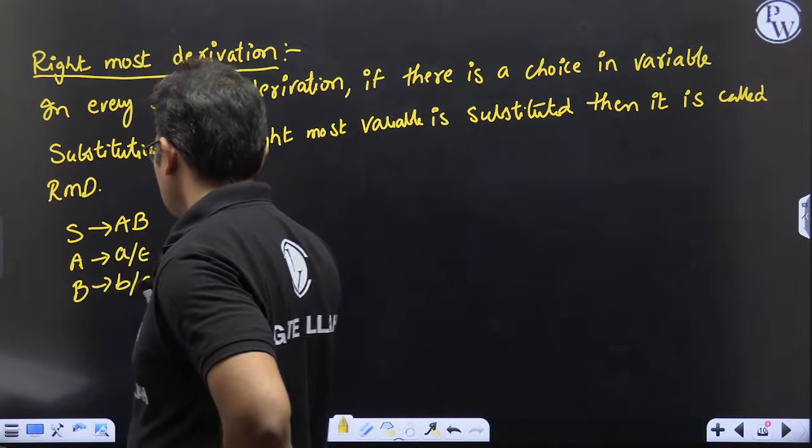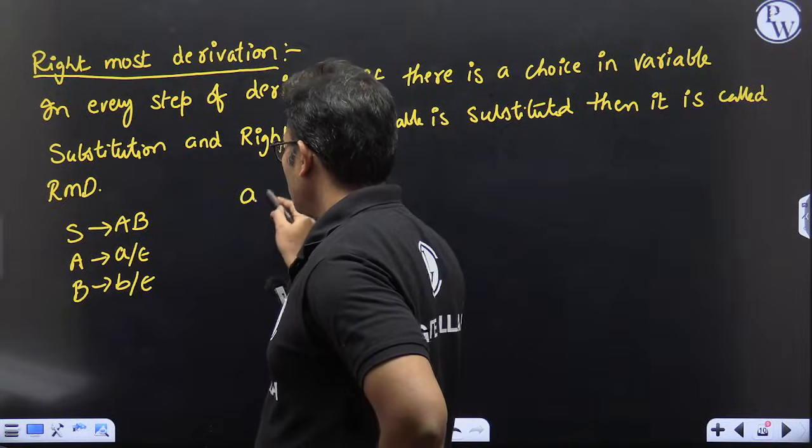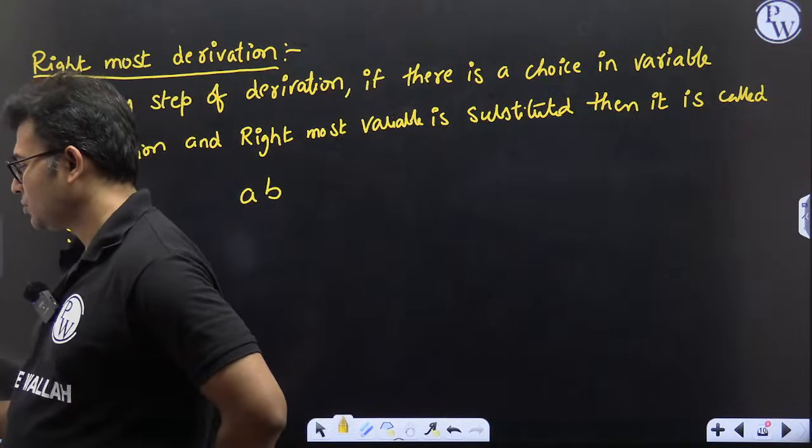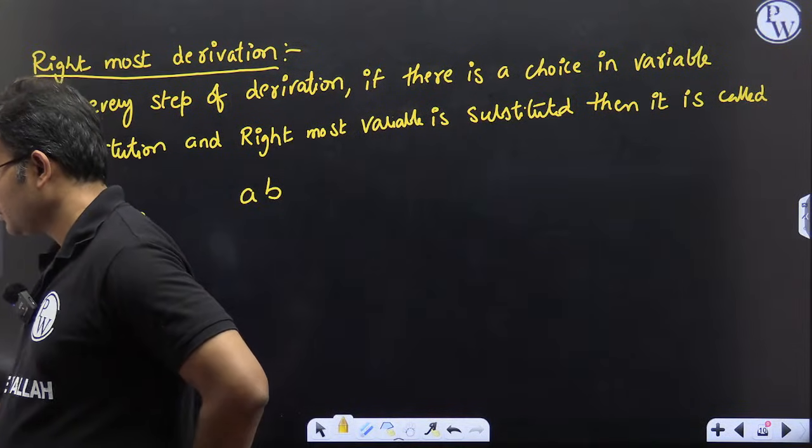B or epsilon. Now try to do rightmost derivation for AB.